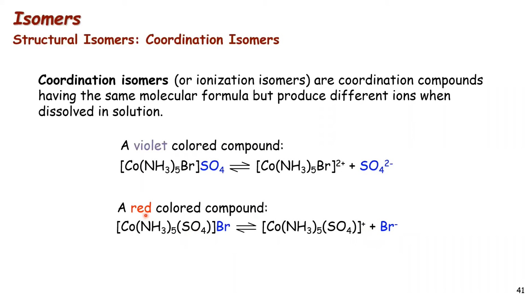And this solution is red in color. So these are coordination isomers. Basically a ligand, and it has to be an ion, one of the ionic ligands, is switching places with the counter ion. So these are the two different types of structural isomers, linkage isomers and coordination isomers.